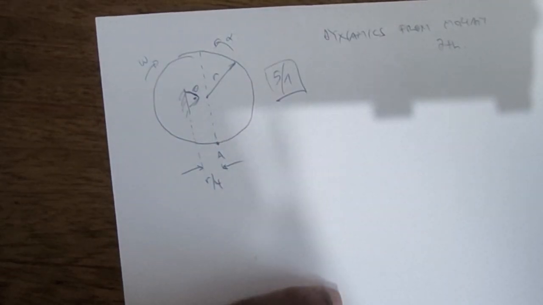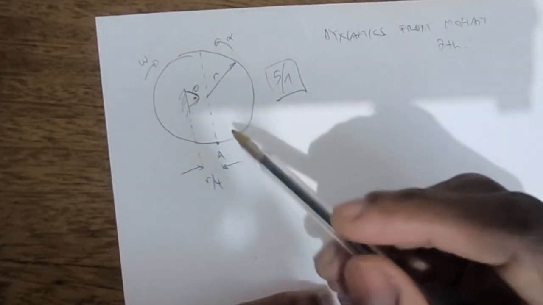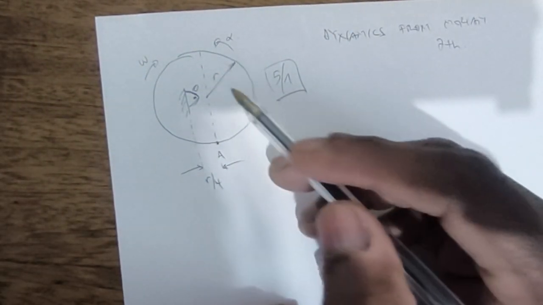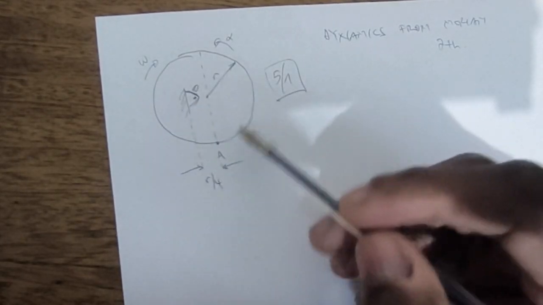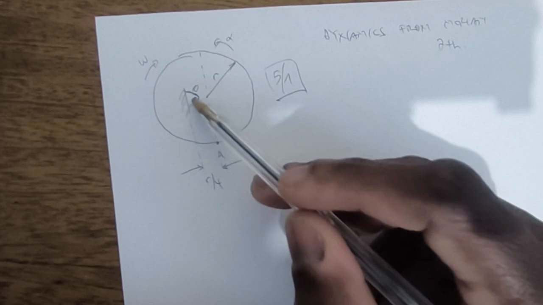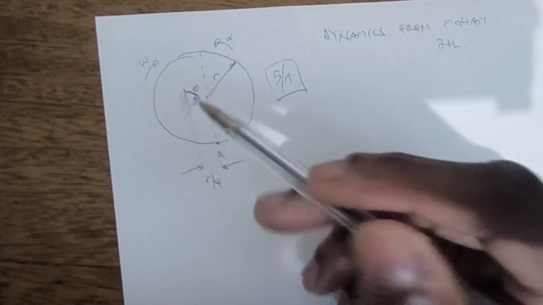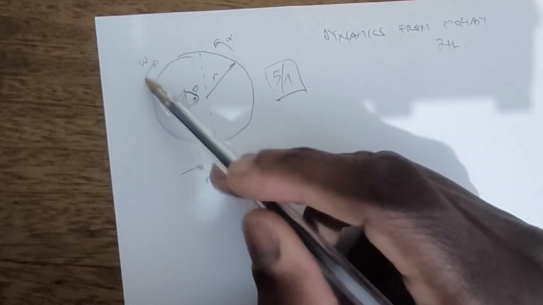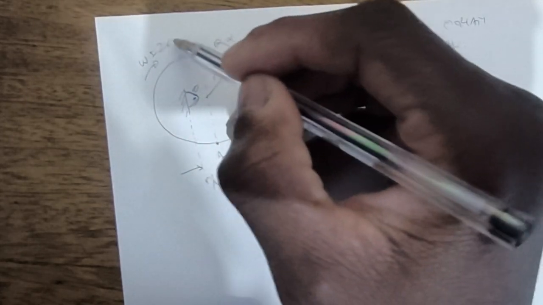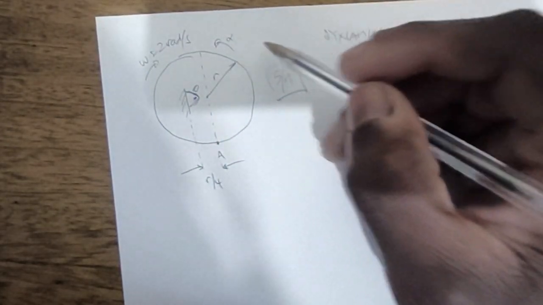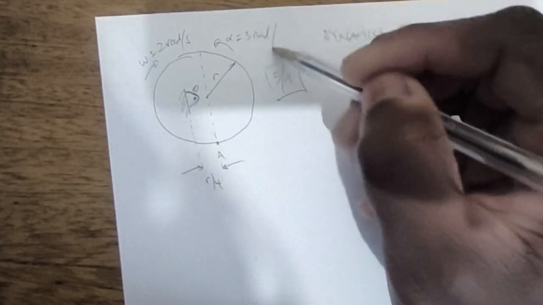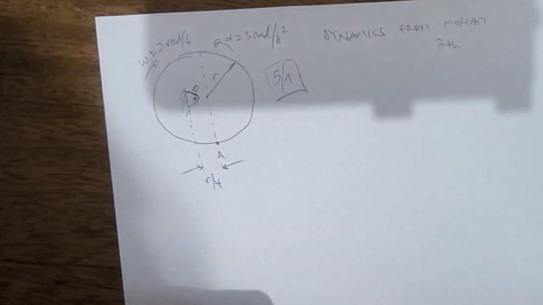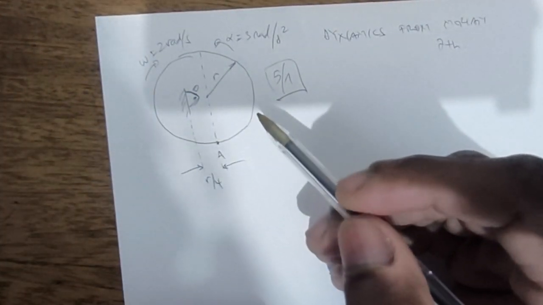What we have here is a circular disc with a radius of R that rotates about a fixed axis through point O, with an angular velocity of 2 rad per sec and an angular acceleration of 3 rad per sec squared.